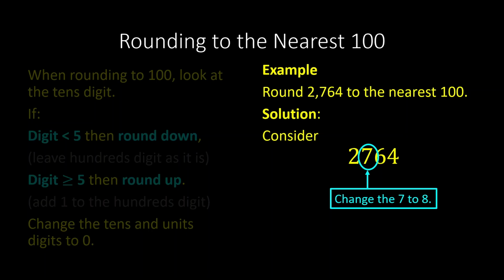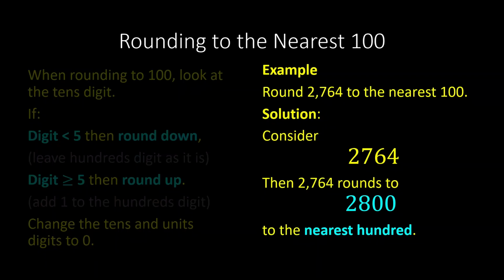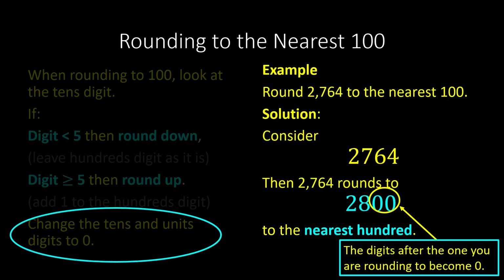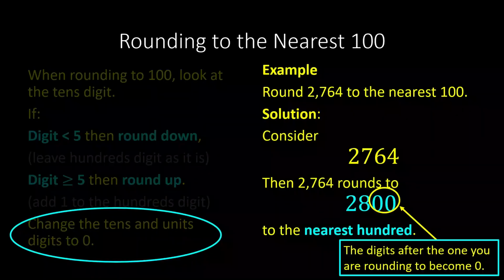And therefore 2,764 rounds to 2,800 to the nearest 100. Notice the units and the tens digits are also now 0.